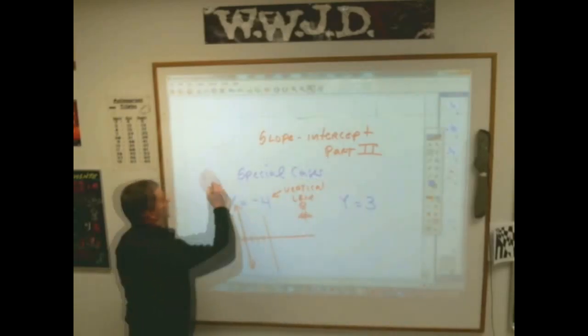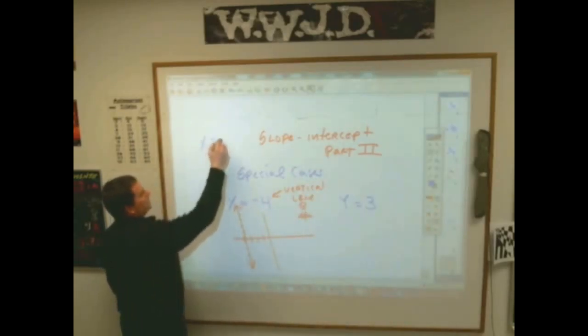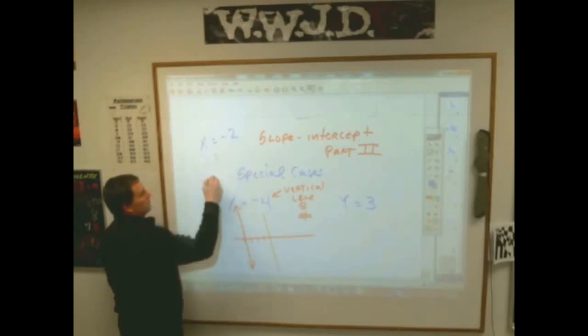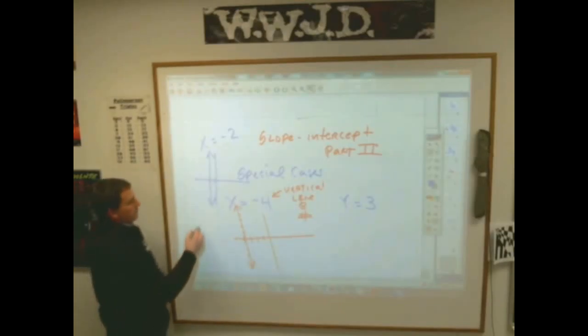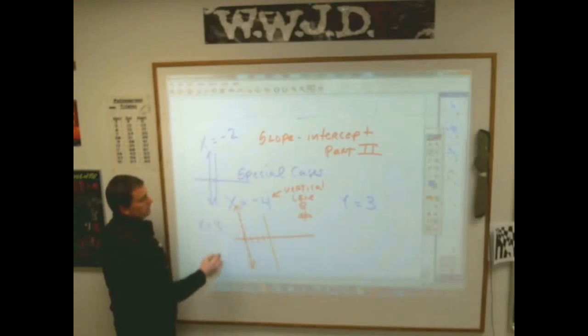If you were asked to graph x equals -2, here at -2, there's going to be a straight up and down line because x is always -2 there, no matter what y is. If you were asked to graph x equals 4, that means here where x equals 4, there's a straight up and down line.